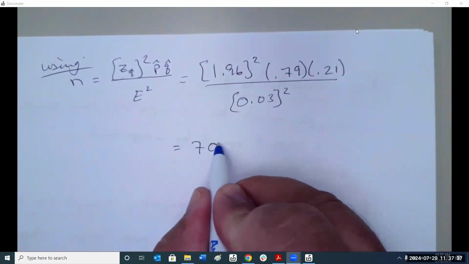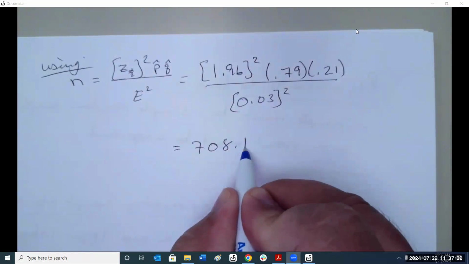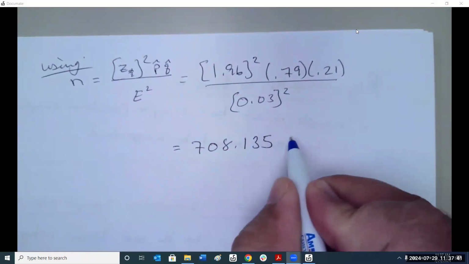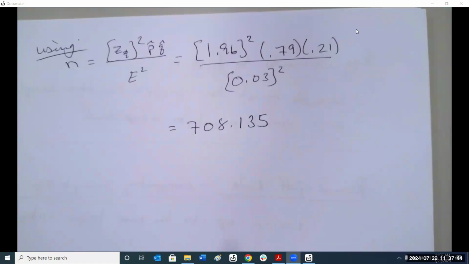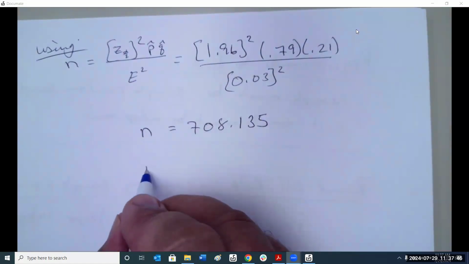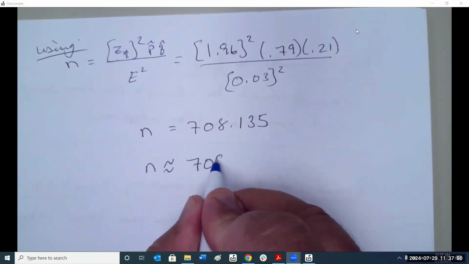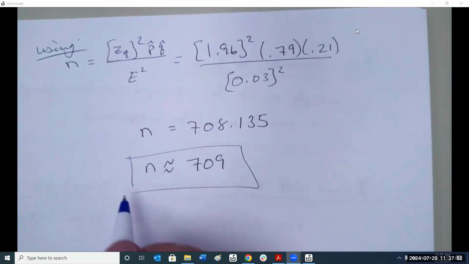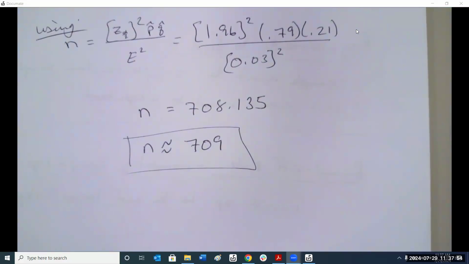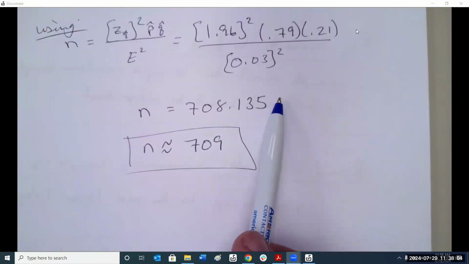Put that in your calculator, and our N rounded up to the next biggest integer. Why do we round it up? Because remember, the rounding rule, normally if it's a 1 we should just drop that off.